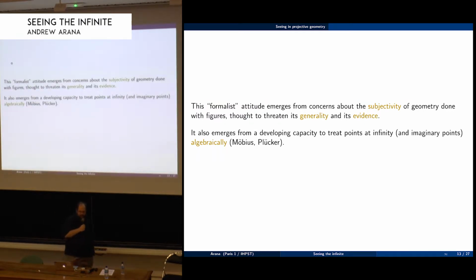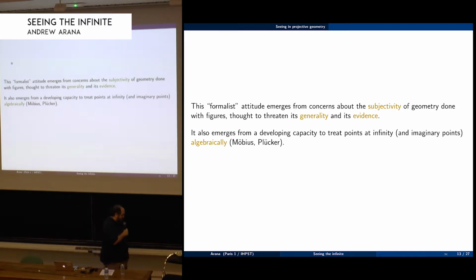And I think, as I said, this kind of formalist attitude towards geometry emerges from concerns, as Gergonne made clear, about the subjectivity of figures. But the figures were also thought to threaten the generality of mathematics, in that a figure would only represent one particular configuration, whereas algebraic representations could capture an entire range of objects.